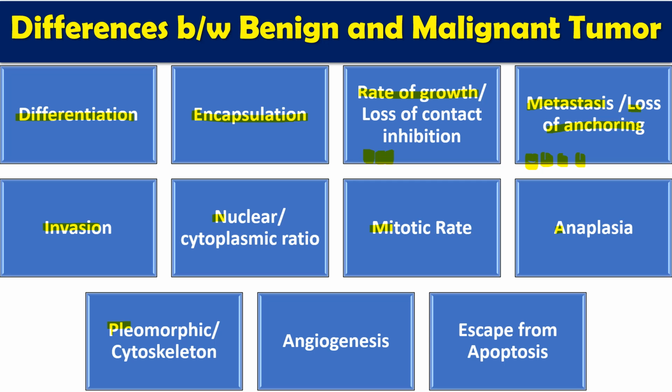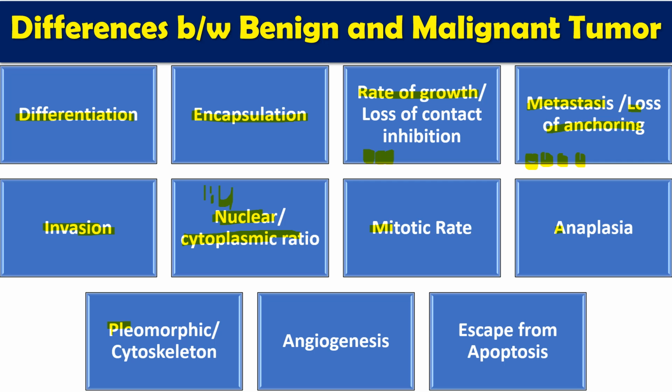Invasion: it is going to invade the nearby tissue, and that is called invasion. Nuclear to cytoplasmic ratio. In normal cells, we have less space covered by the nuclear DNA, whereas the cytoplasm covers maximum space. Normally the nuclear to cytoplasmic ratio is 1:4 to 1:6.